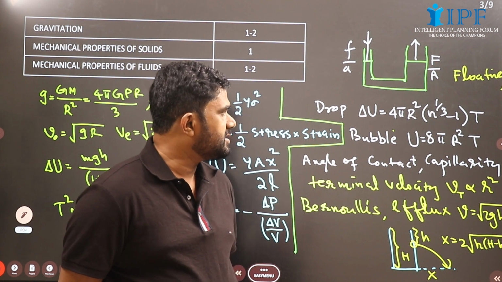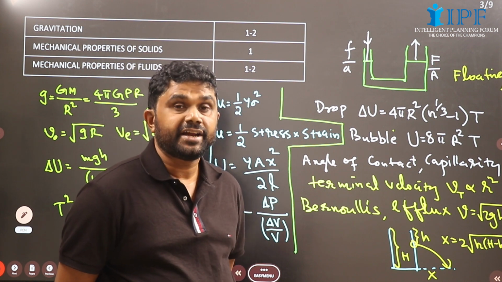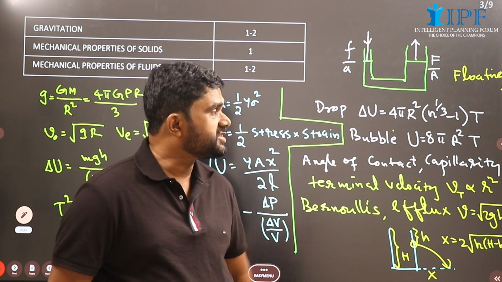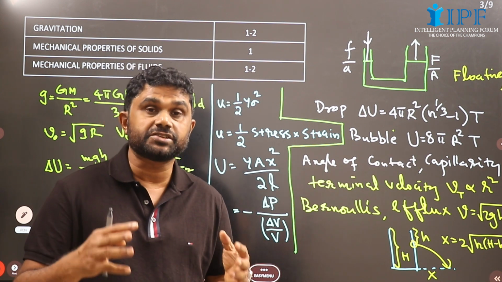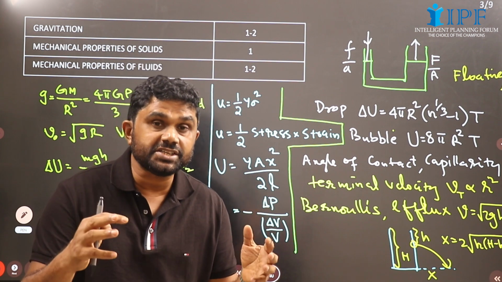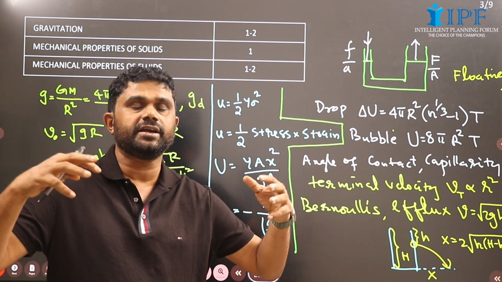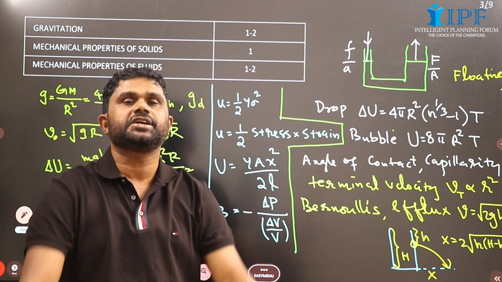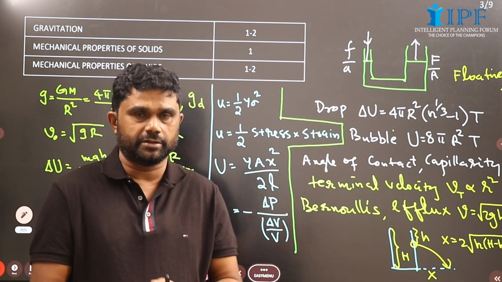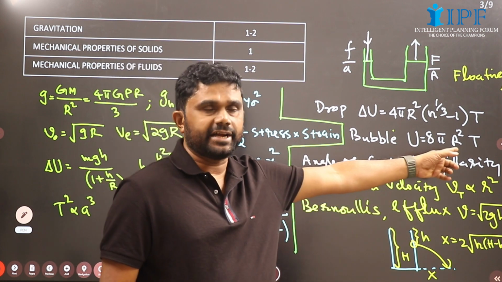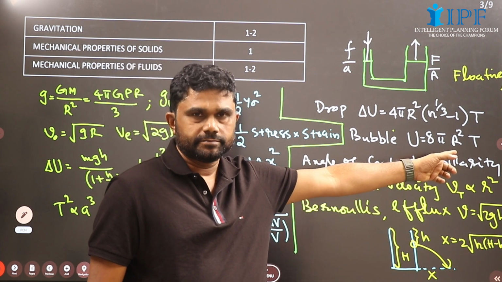And second thing, see the energy of a bubble. It is 8πr²T. What is the question that you can expect? What is the work done to double the radius of a bubble? This is the energy, 8πr²T.